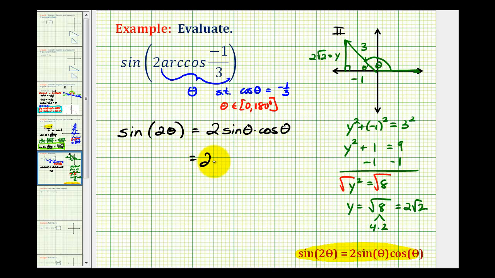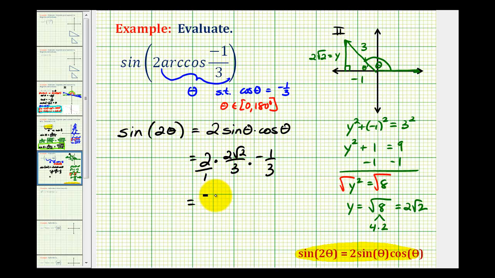We'll have 2 times sine theta, which is going to be the ratio of the length of the opposite side over the hypotenuse. So that would be 2 square root 2 over 3 times cosine theta, which was actually given. That's going to be -1/3. Let's go ahead and put this 2 over 1, and now we'll go ahead and multiply.